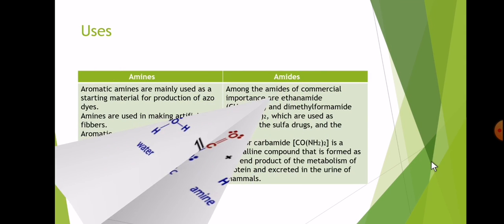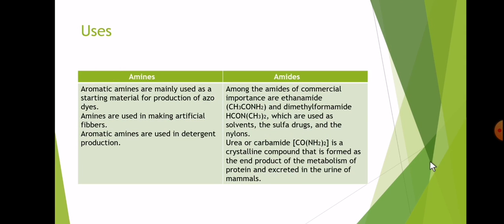Okay, so uses. For amines, aromatic amines are mainly used as a starting product for azo dyes, in making artificial fibers, and in the production of detergents.